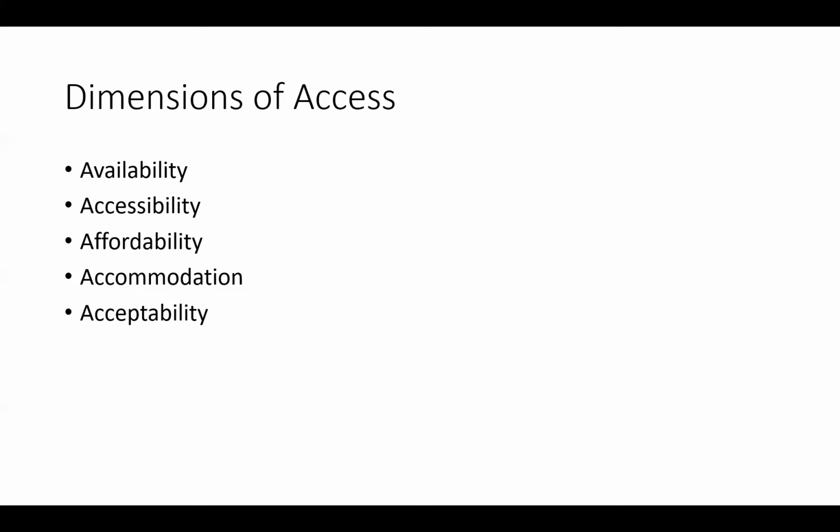So those all impact access, right? It may be all four of the first four: it might be available, it might be accessible, it might be affordable, the hours are good, but the providers don't respect the cultural traditions of the individual who's seeking care, and so they just don't come. So those are dimensions of access.